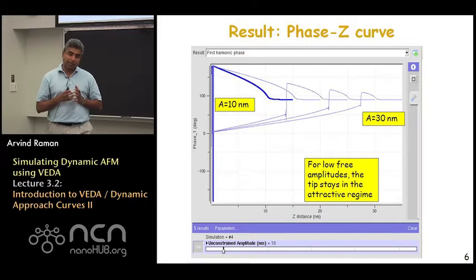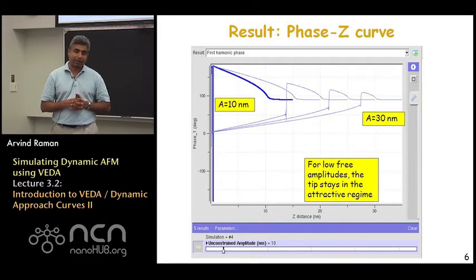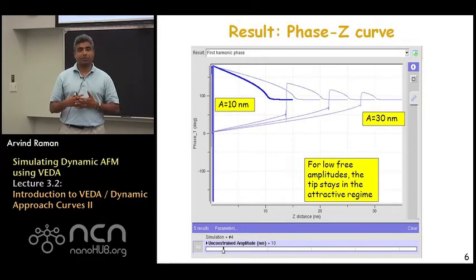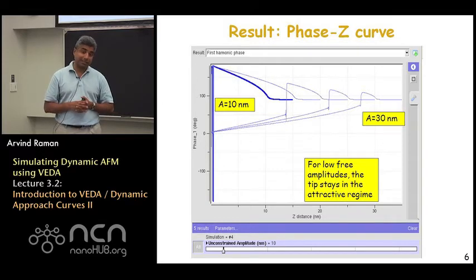To really understand what is happening in these approach curves, it helps to look at the phase. When one looks at the phase lag as a function of z, one notices that in these cases, when you first approach the sample, the phase lag increases beyond 90 degrees, indicative of an attractive regime of oscillation. And then the transition to the repulsive regime happens, where the tip is encountering a net repulsive gradient.